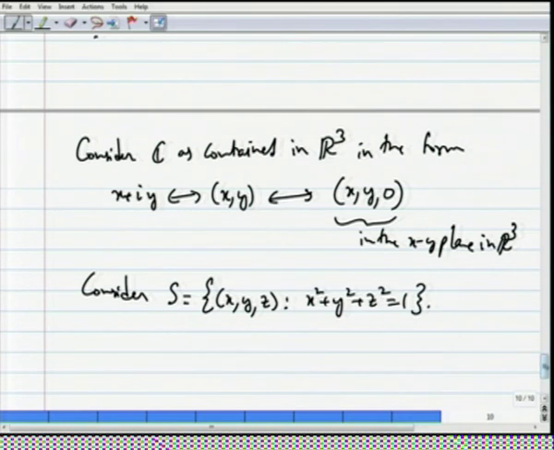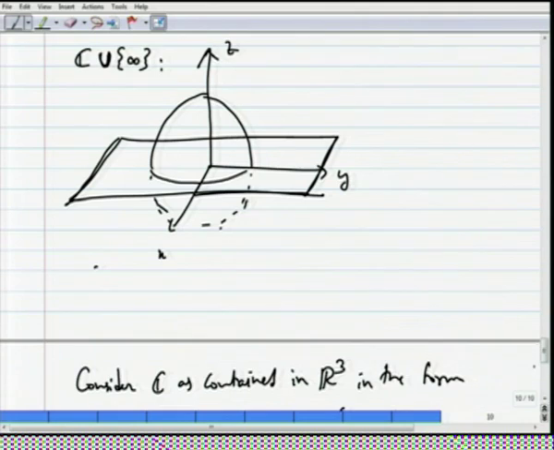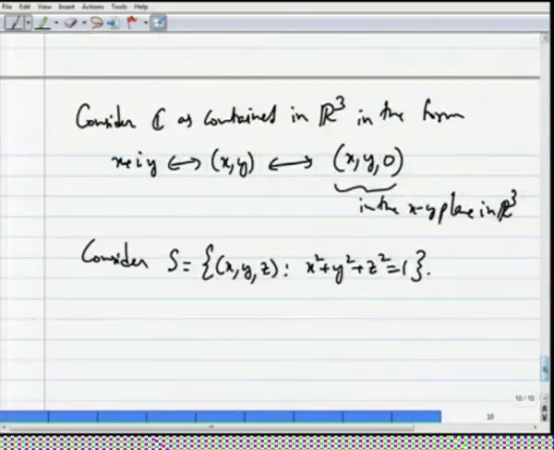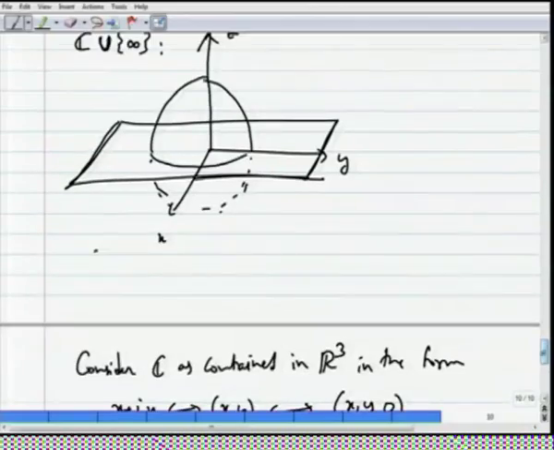This set intersects the x y plane in the unit circle. When z equals 0, this equation is just x squared plus y squared is equal to 1. So that is the unit circle in the complex plane contained in R 3.